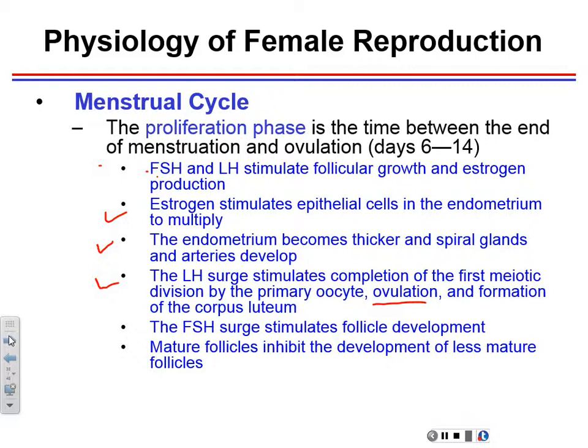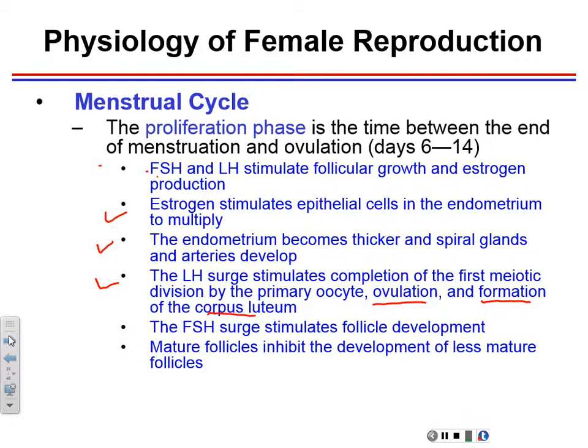So LH causes ovulation, formation of the corpus luteum, as well as the division. It does 3 things. In the male, it only activates the interstitial cells to produce testosterone, but in the female it's doing 3 things. If I ask what the 3 functions of LH in the female are, you should be able to tell me.